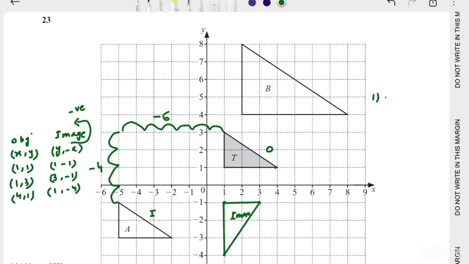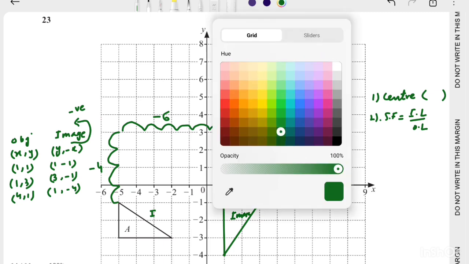Number one, center, and number two, scale factor, that is equal to image length over object length. So to find out the center we have to match their corresponding vertices. So let me take help of a scale.